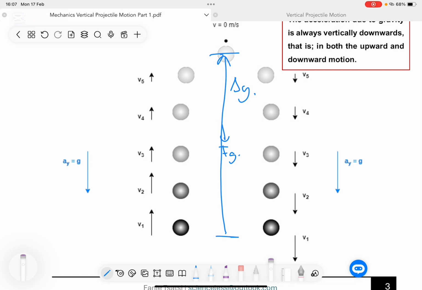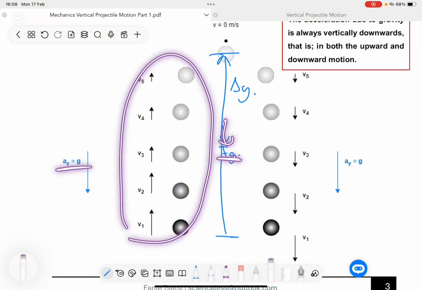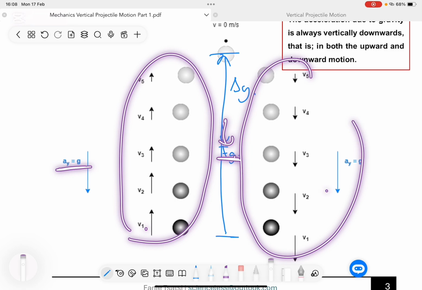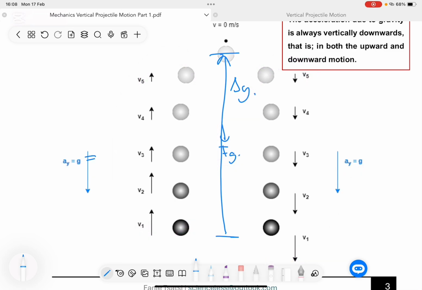It is also important to notice that the acceleration due to gravity will always point in the direction of the force. It will always go down, whether the object is going up or going down. The acceleration due to gravity always points in the same direction, and it has the value of 9.8 meters per second squared in either motion of the ball, whether it's going up or down.